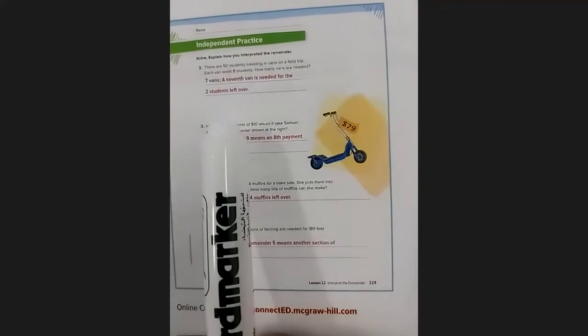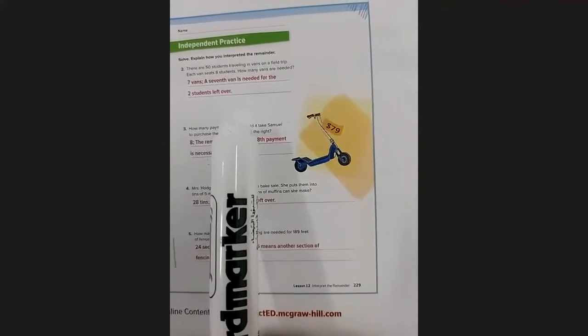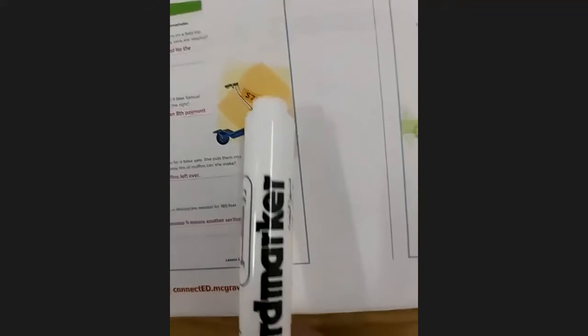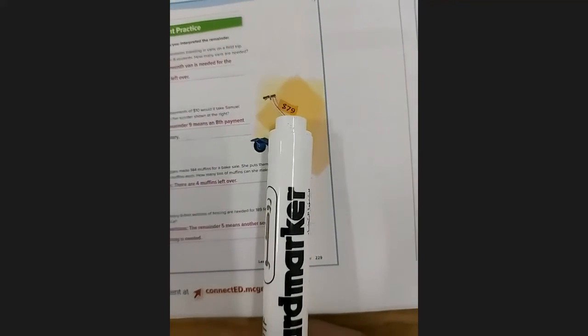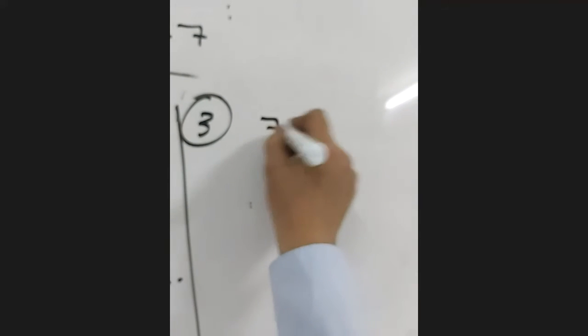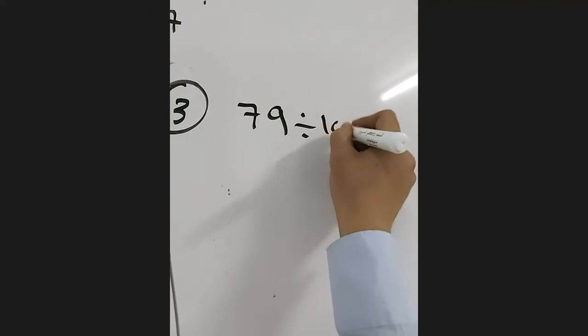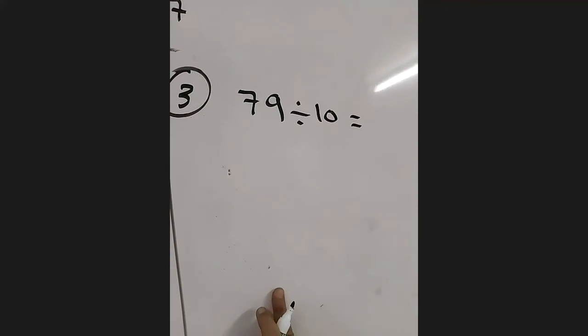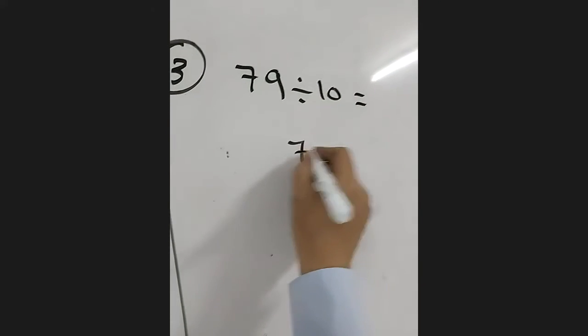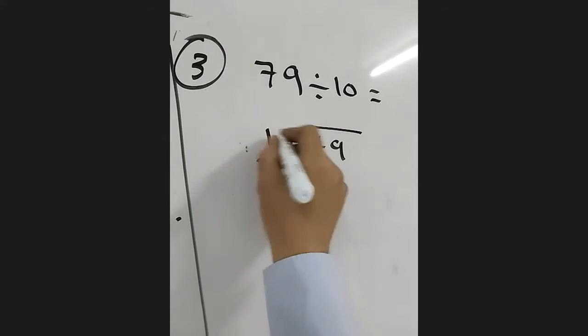The question wants how many payments of 10 he needs to buy this scooter. How many $10? What we will do is 79 divided by 10.